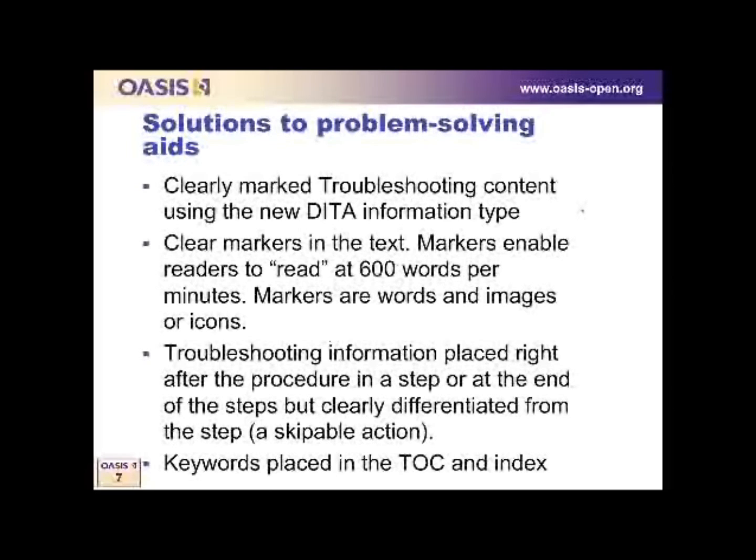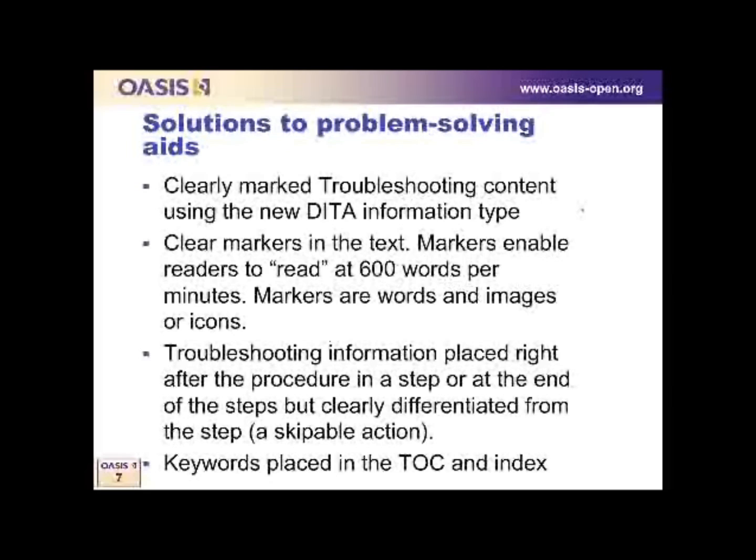We also know that troubleshooting information should be placed right after the procedure that people have performed. That might be immediately after a step that might go wrong, or at the end of the steps, but clearly differentiated in both cases from the steps themselves. That would make them what the researchers call a skippable action.